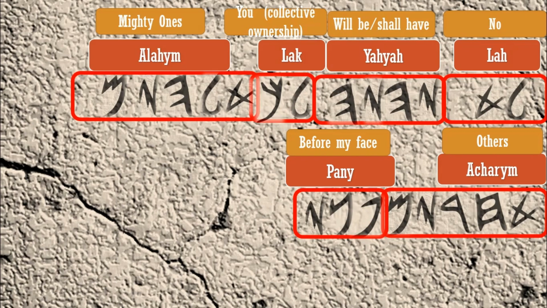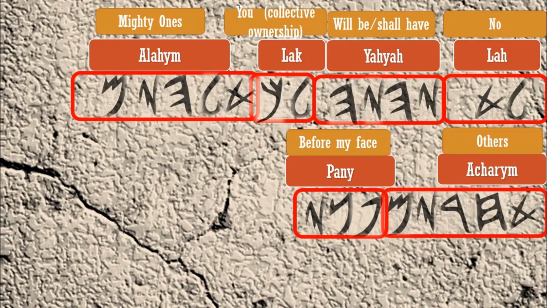Might sound strange, but when you look at it, in this case, a no in English, when the translators are writing it, they would put do not. So do not, and do not shall have you. So you shall have no other mighty ones before my face.